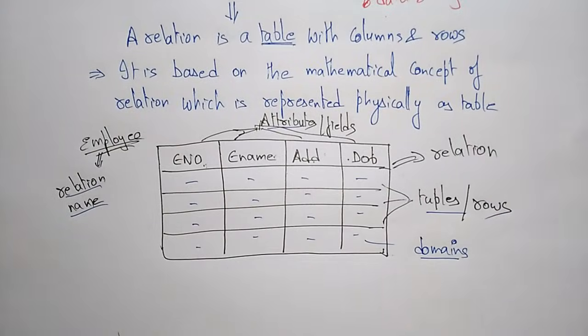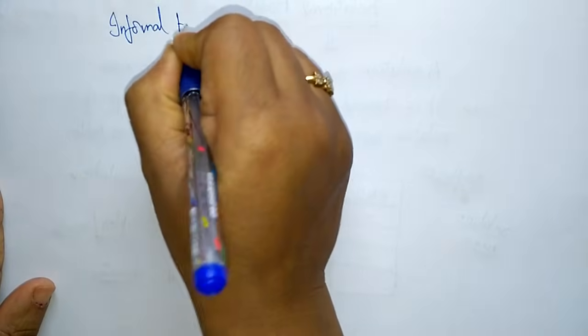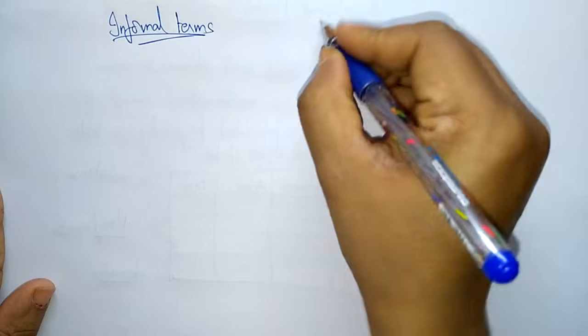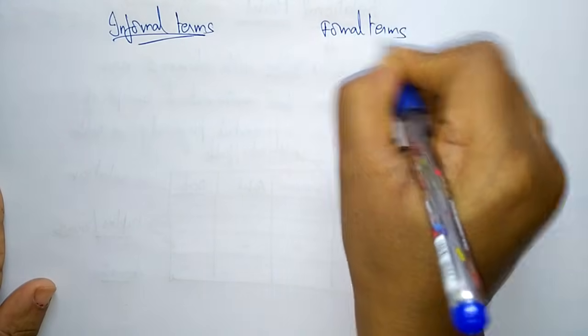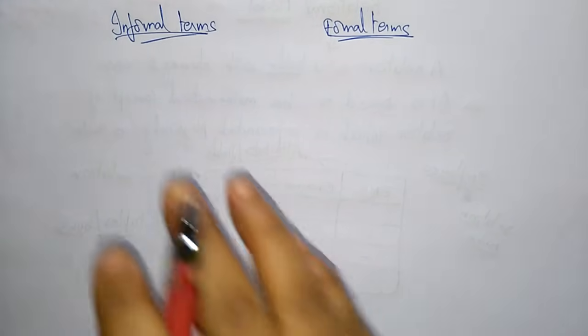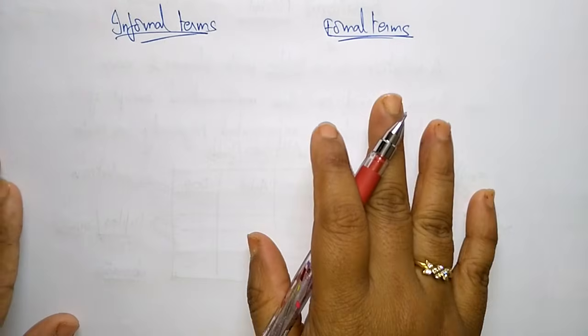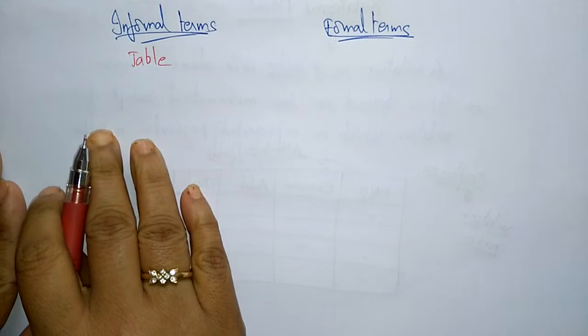So let me write the informal and the formal terms that come across in the table. In the relational model concept, you will come across some formal terms. Informally, you call it a table.